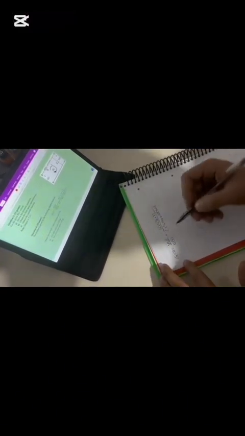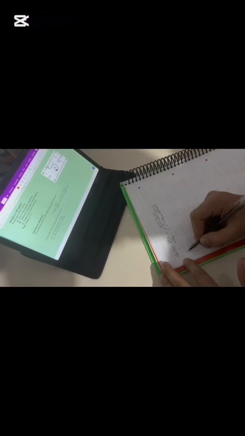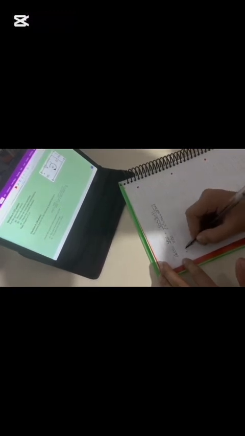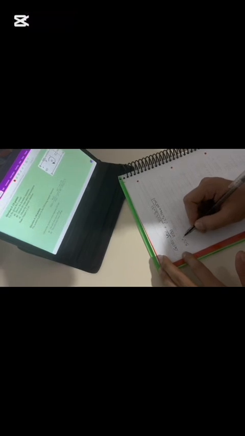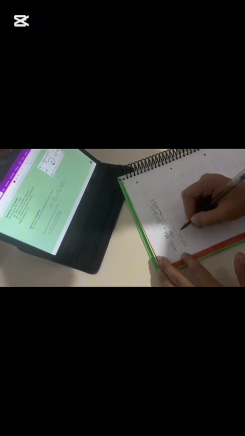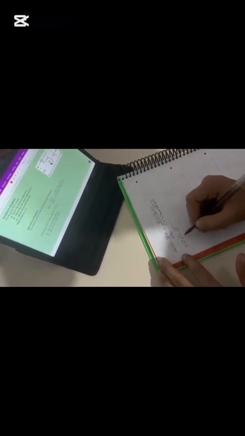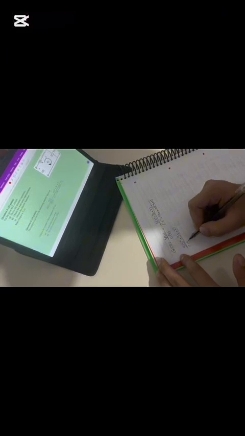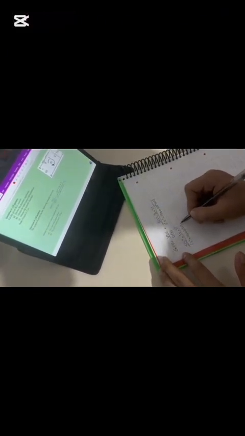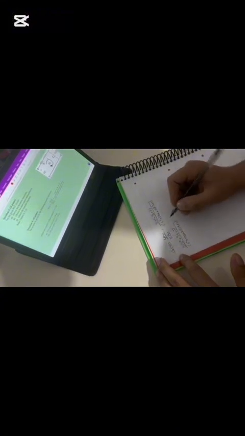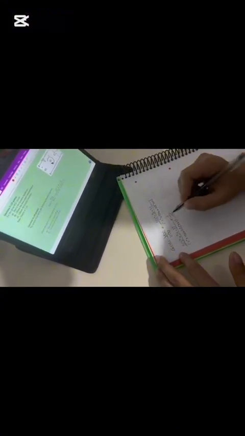So at first, for simplifying this transfer function, we will multiply by 1 divided by s with (s squared plus 3s plus 7) and (s squared plus 10s plus 21)(s plus 1). So let's multiply here 1 over s. This s will be removed with this s. So what will we have?